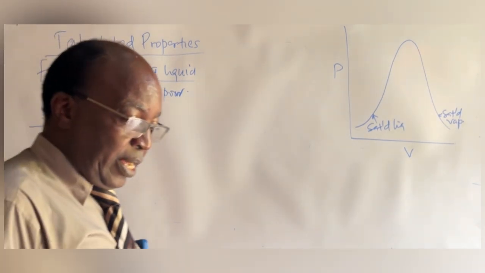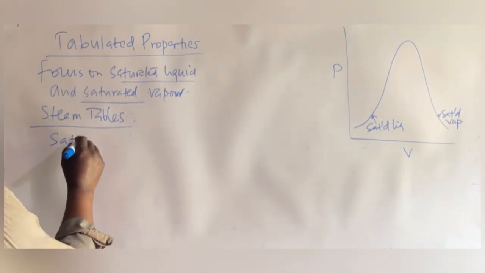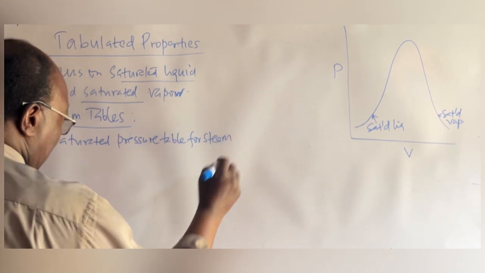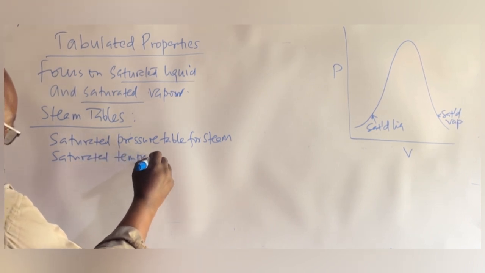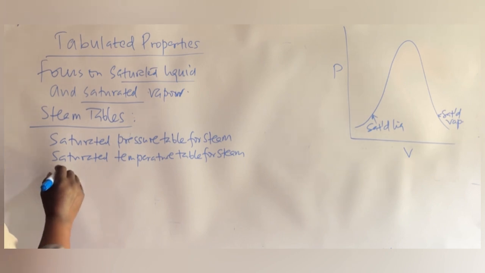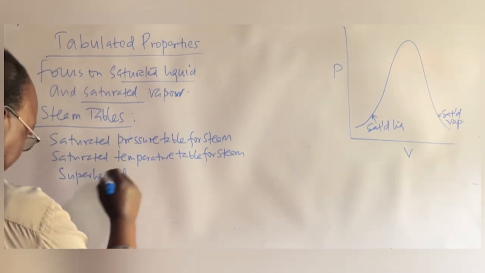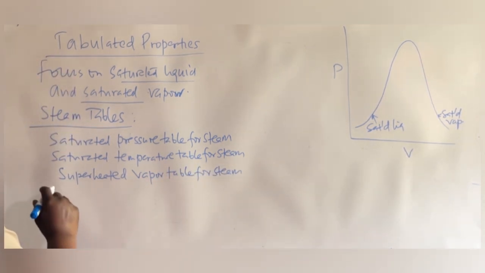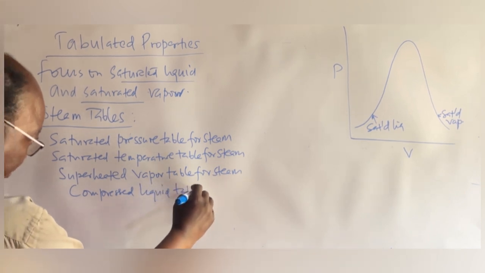These steam tables have values for a saturated pressure table for steam, a saturated temperature table for steam, a superheated vapor table for steam, and a compressed liquid table for steam.